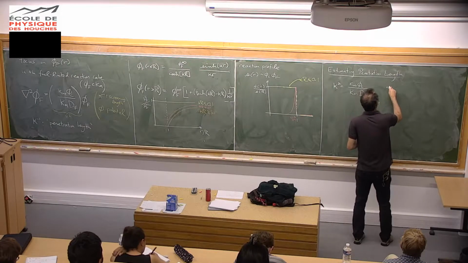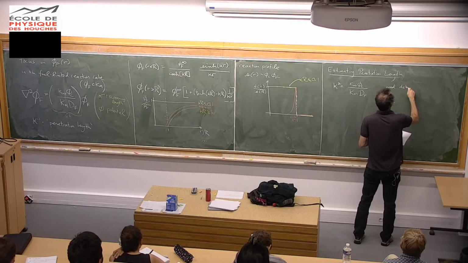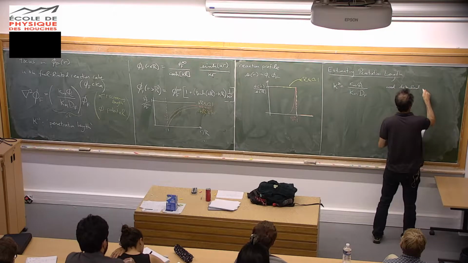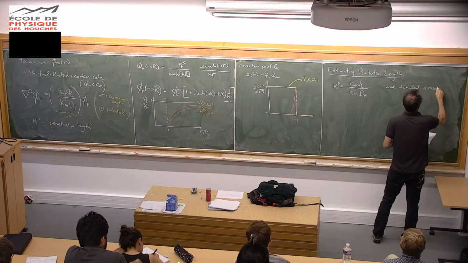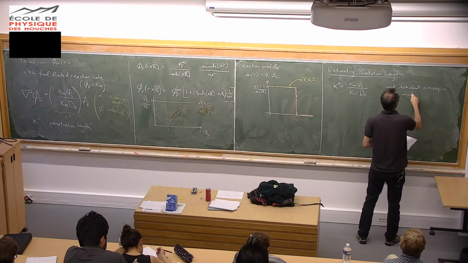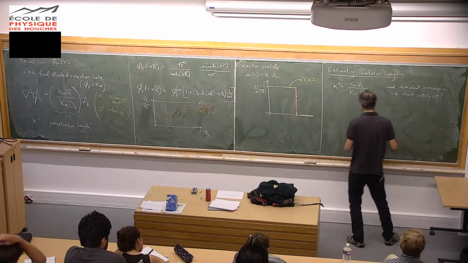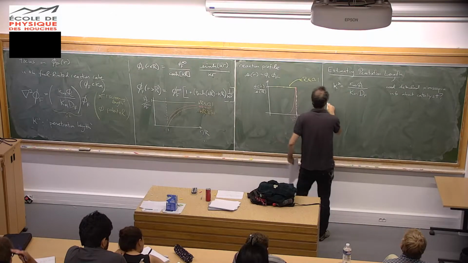Do I really need to know the microscopic info about my catalyst? The answer is no, actually. I don't need to know about it at all, because I can work backwards.